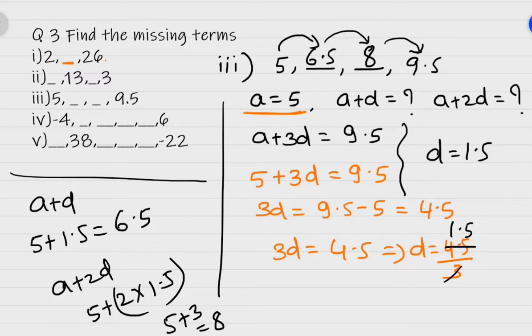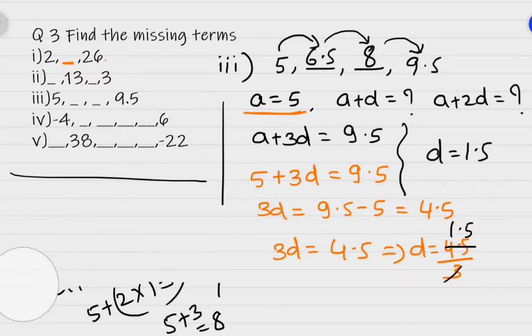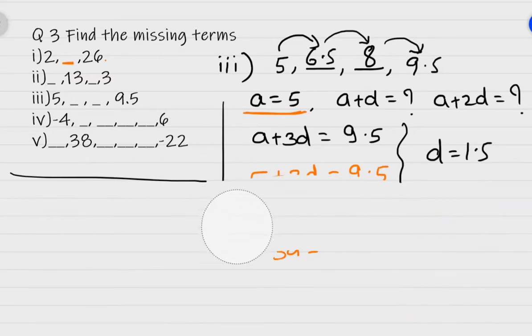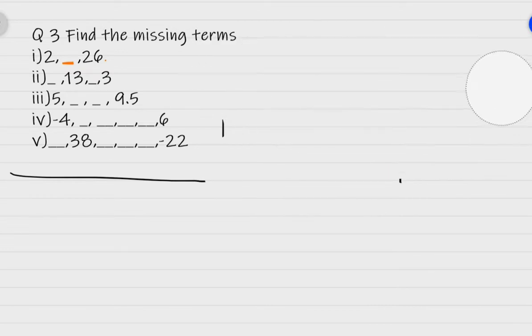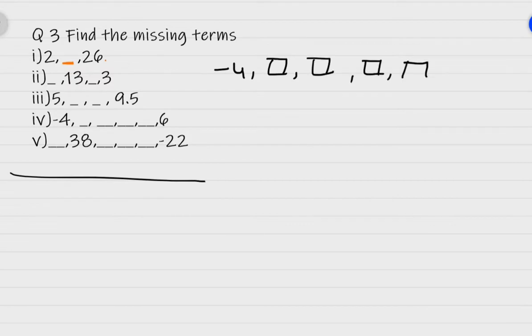Now let us move to the fourth question. What is your fourth question, children? Our fourth question is minus 4, then not known to you, not known to you, not known to you, and the last place.